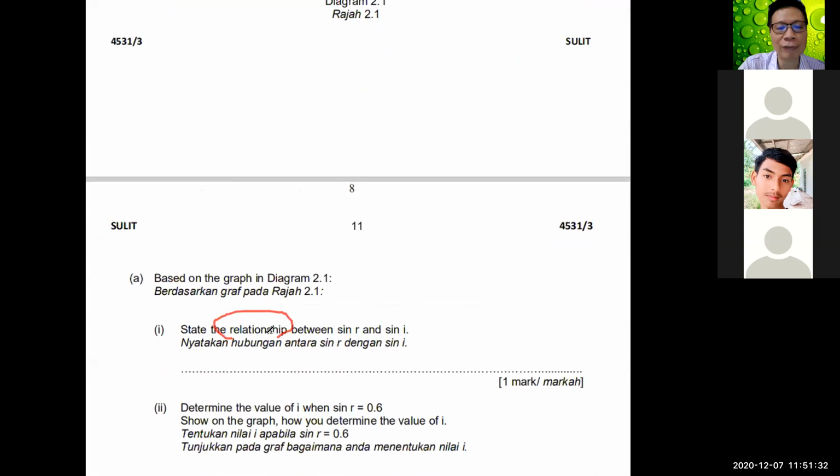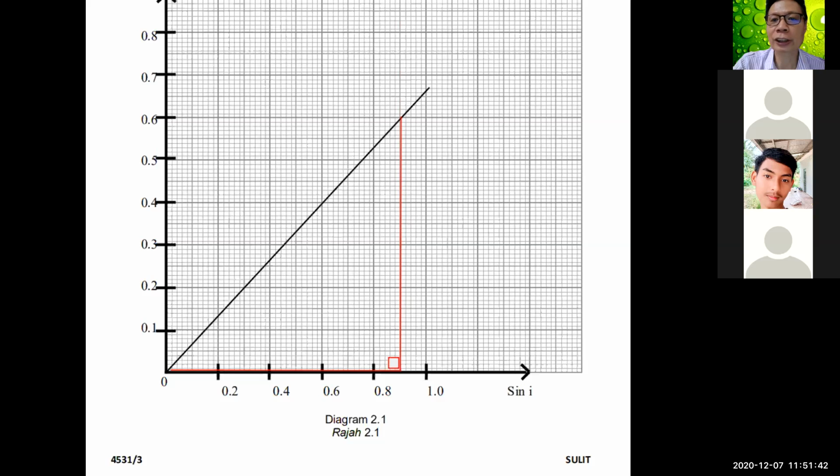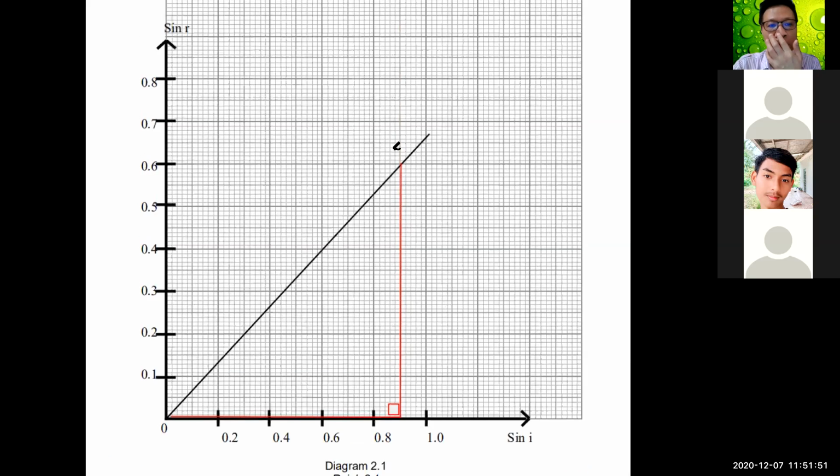When you look at a graph like that, what relationship is it? Please type the answer. Kimberly: directly proportional.